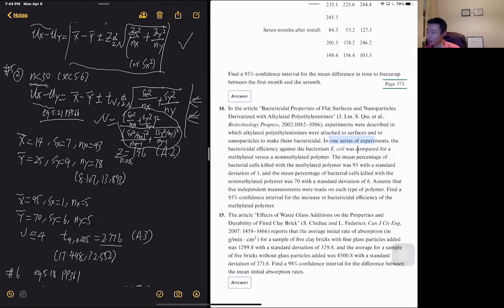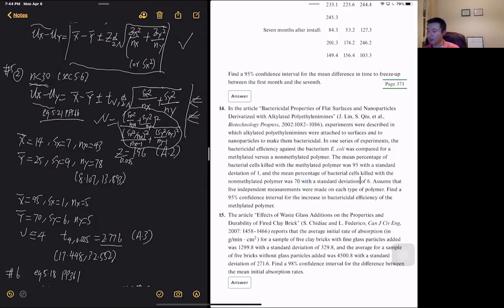In one series of experiments, the efficiency to kill a certain bacteria was compared for methylated versus non-methylated polymer. So two types of materials. The question tells us the mean percentage of bacterial cells killed in methylated polymer is 95 with standard deviation of 1, and the mean for the other material is 70 with standard deviation of 6.